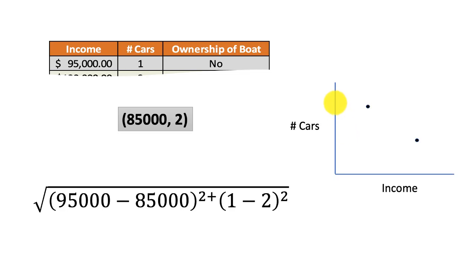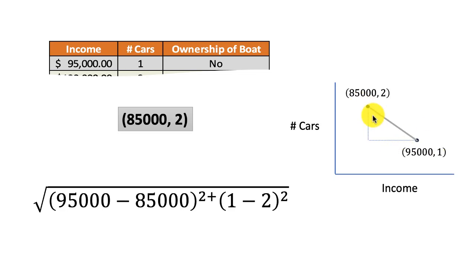Okay, so that's what we are trying to do. We are trying to calculate literally the distance between these two. And of course, the distance between these two is nothing but if you draw the right angle triangle, right? So this is the difference in income, 95,000 minus 85,000. That's what this is. Okay, and that is nothing but the difference in the number of cars, which is 2 minus 1. That's what this distance represents.